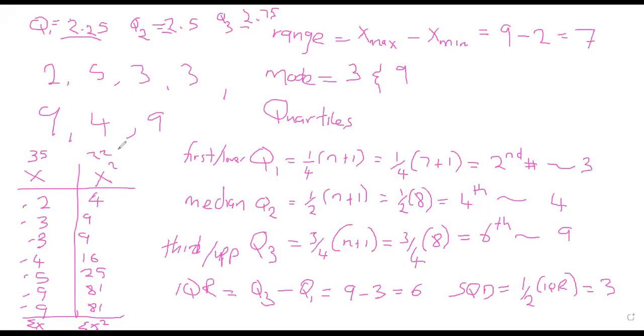Okay, great. So we have our summation of x as 35 and our summation of x squared as 225. The mean is denoted by the symbol x bar, which is given by summation of x over n.